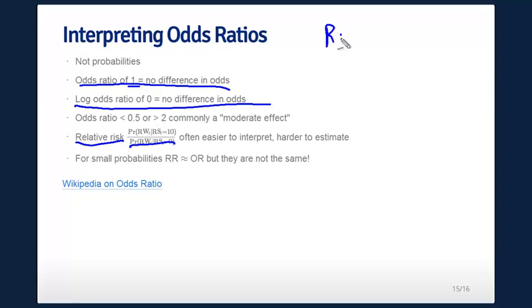There is something called relative risk regression, and that's when you want to interpret relative probabilities rather than relative odds. Sometimes people like it better because they want to say there was a 10% increase in probability rather than a 10% increase in odds. Personally, I like the odds.